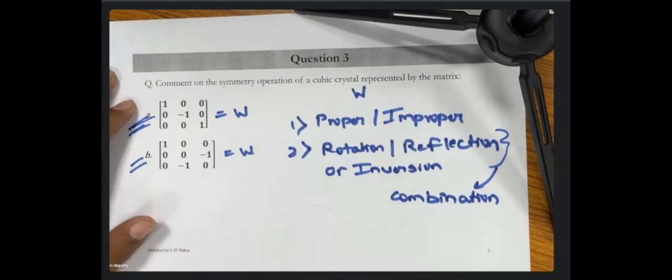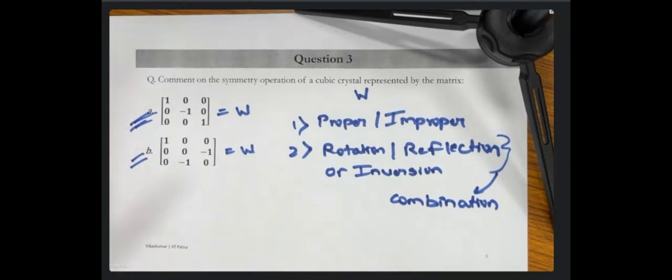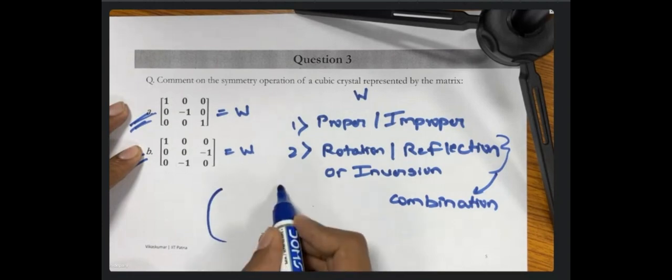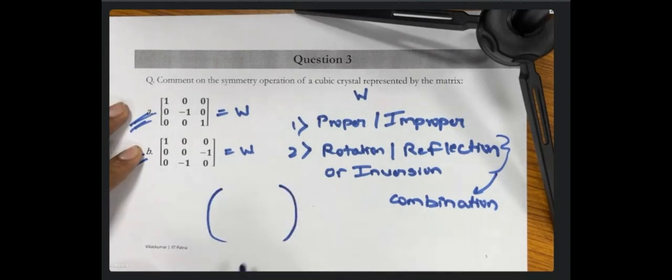Okay. So I will just revise the basics which have been covered in the class, so that we can easily solve these questions. So this is our symmetry transformation matrix.